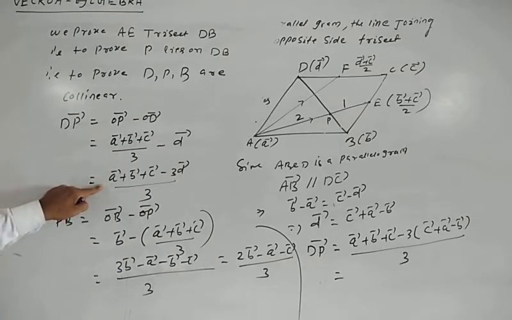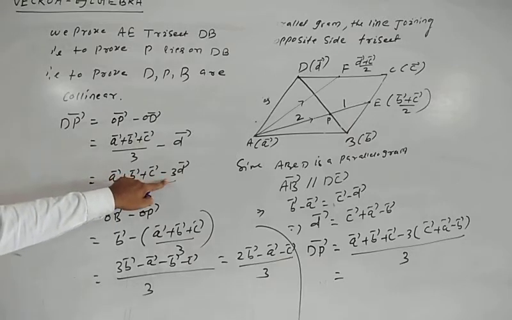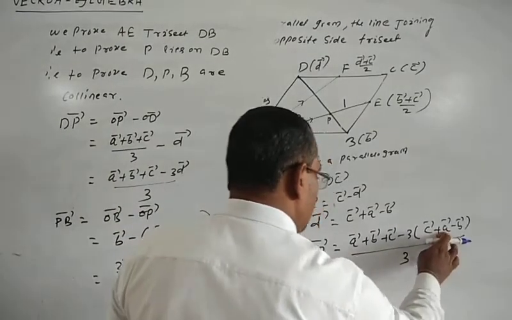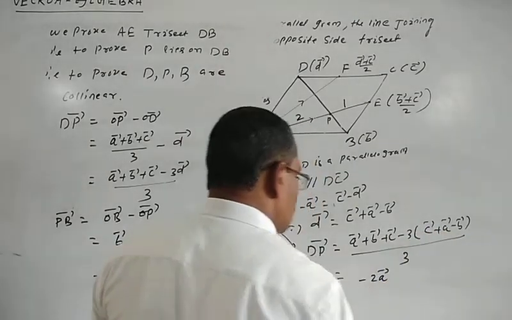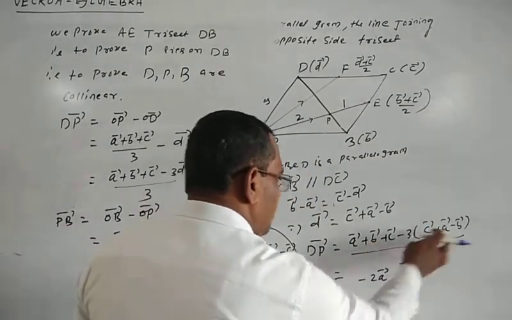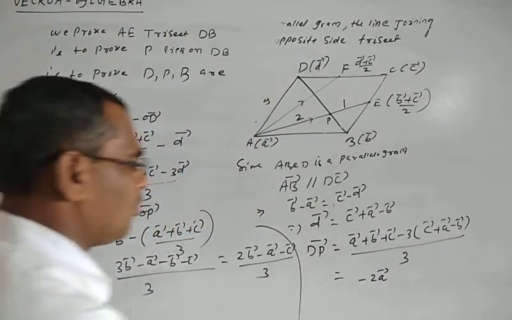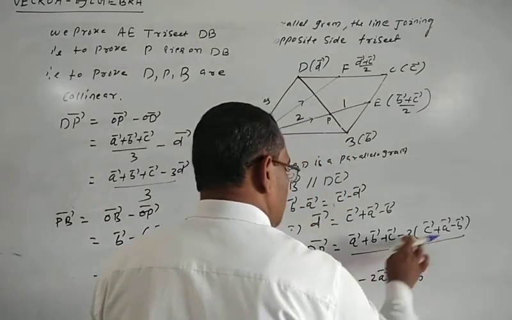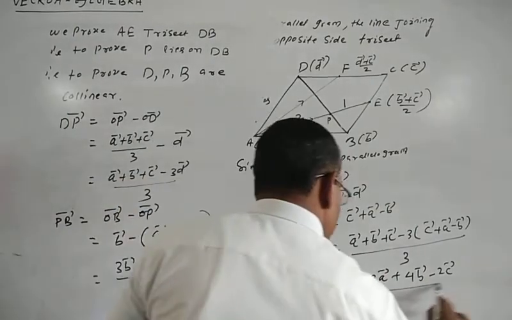So 3 times D vector means C vector plus A vector minus B vector, whole by 3. So this is equal to A vector minus 3A vector, that is minus 2A vector; B vector plus 3B vector, that is 4B vector; C vector minus 3C vector, that is minus 2C vector, all by 3.